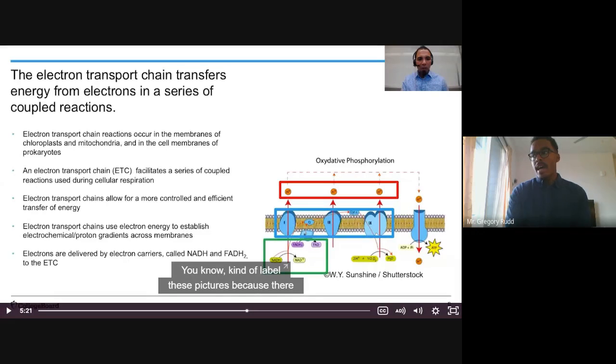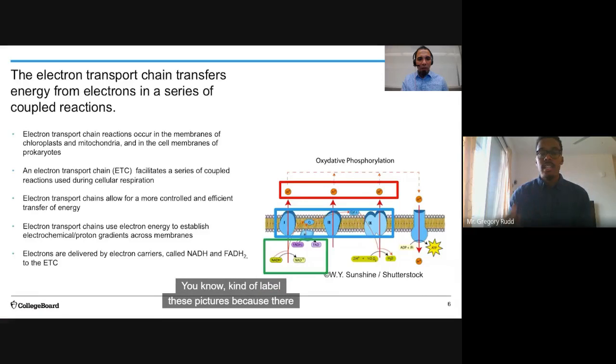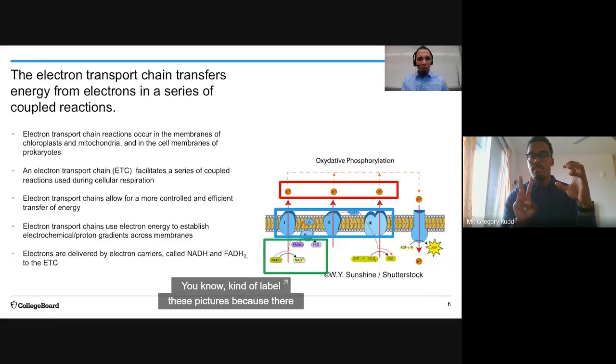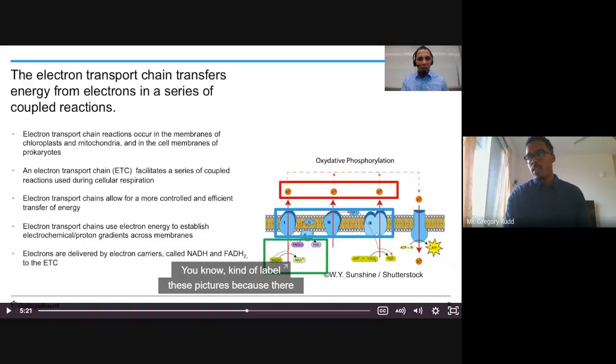When we say oxidative, I need you to recognize that we're talking about something losing electrons. That's what oxidation means, to lose an electron. When we see phosphorylation, I need you to recognize that we're talking about taking an ADP, two phosphates, combining it with another phosphate group to make ATP, adenosine triphosphate, three phosphate groups.